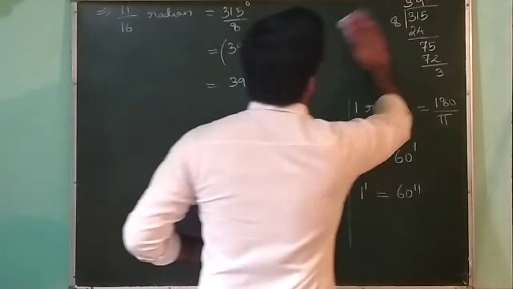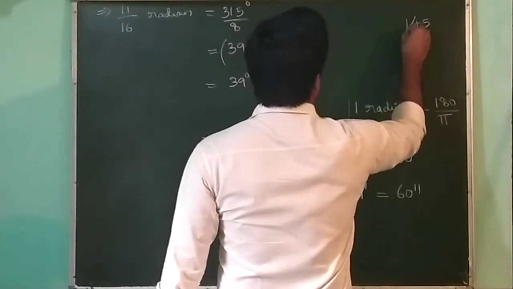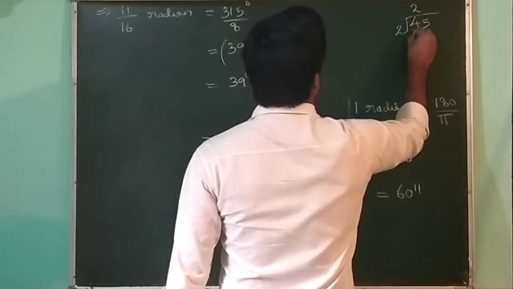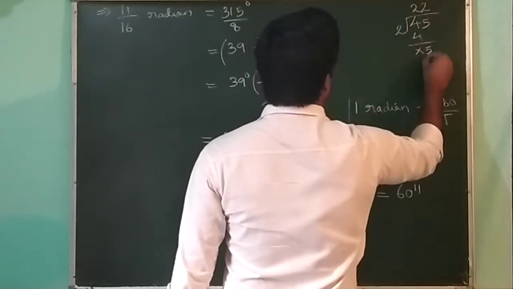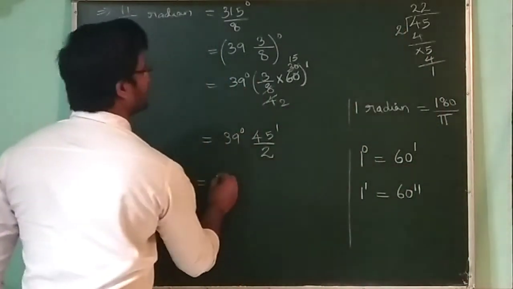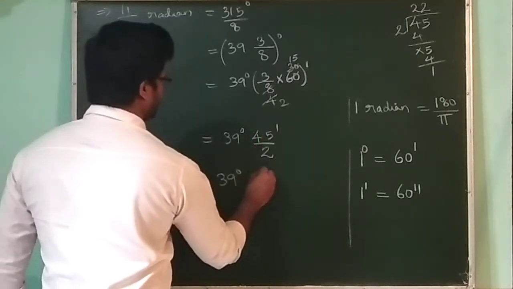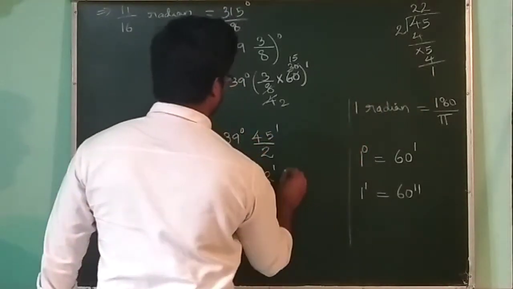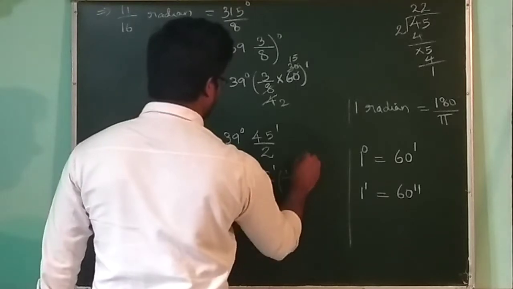Do it. 2 times 4, write 5, and 2 into 2, 4. 1. Now we can write 22, that is 39 degree is already there, then 45 by 2 means 22 minute, then 1 by 2. This 1 by 2 is also in minute only.